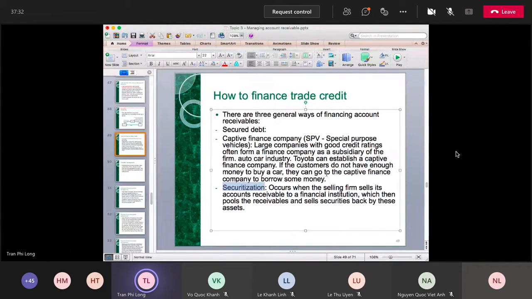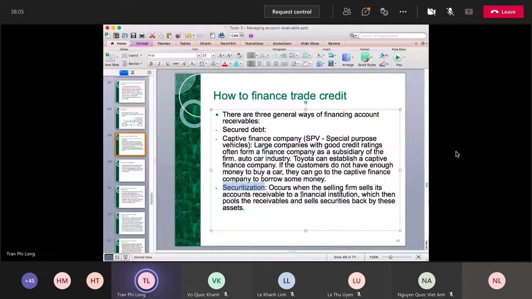And the final way for a company to finance the trade credit is to securitize the account receivable. So what is securitizing the account receivable? You will sell the account receivable to a financial institution, and the financial institution will buy many account receivable and put them in one place.